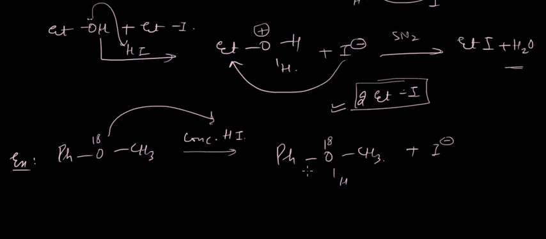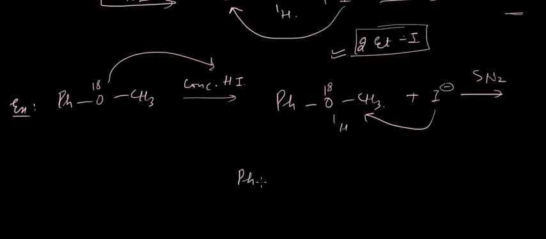So this will not take place. Instead, the I minus would attack on this CH3 via SN2 mechanism, because CH3 cannot be broken up as a carbocation because it would be less stable. So SN2 mechanism would actually take place here. So we would get something like this plus CH3I. This would be the products formed in this reaction.